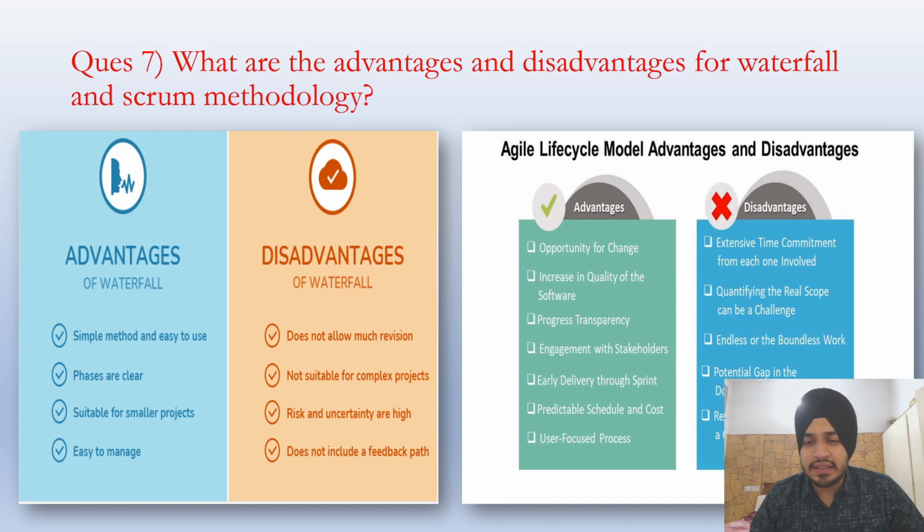So let's discuss the advantages and disadvantages of agile now. Advantages are: opportunity for change, increase in quality of the software, progress transparency, engagement with stakeholders, early delivery through sprints, predictable schedule and cost, user focused process. So changes are welcome in agile. From the next sprint, if there is any change, we can take that change from the clients and do it.